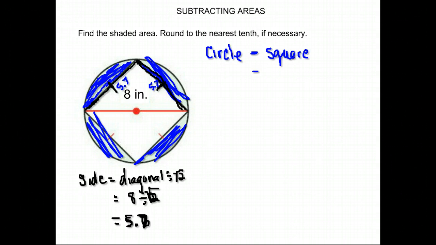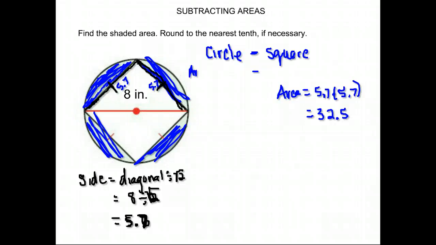Okay, so the area of my square, area of a square, you do side times the side. So we're taking 5.7 times 5.7. And that gives me 32.5 about. Okay, so right around 32.